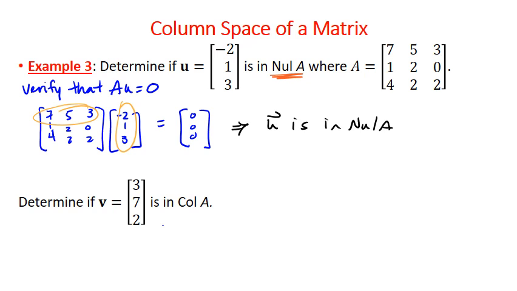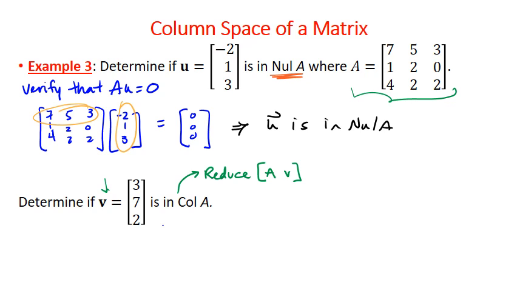Okay, well now we have something new. So now we want to determine if this vector is in the column space of A. In order to figure this out, what we will do is reduce [A | v] and determine if the matrix will produce a consistent or inconsistent system.